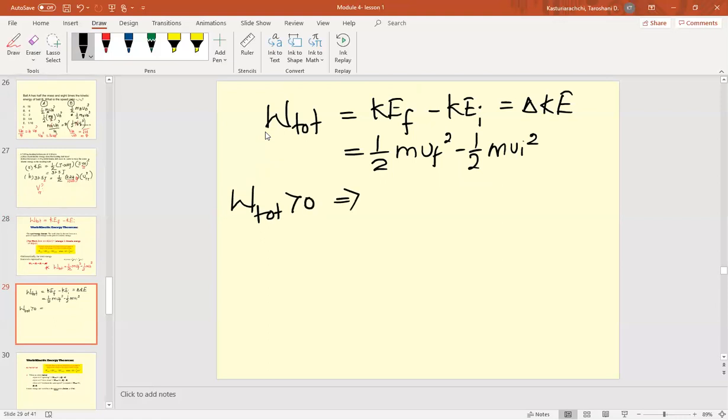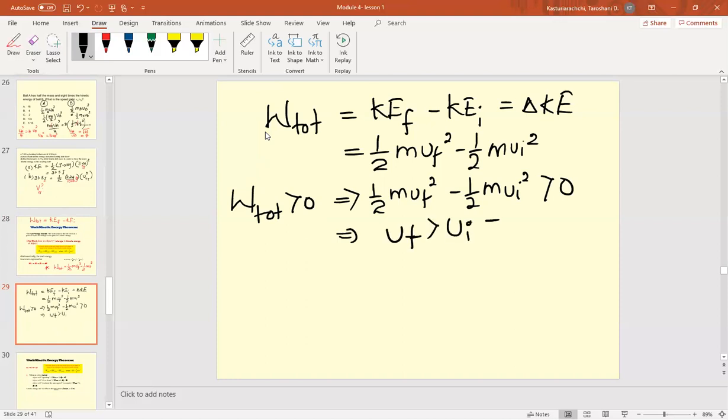That tells me half m vf squared minus half m vi squared is positive, right? So that tells me your final velocity is greater than initial velocity. So that means it is speeding up. Maybe it goes from 10 to 30.